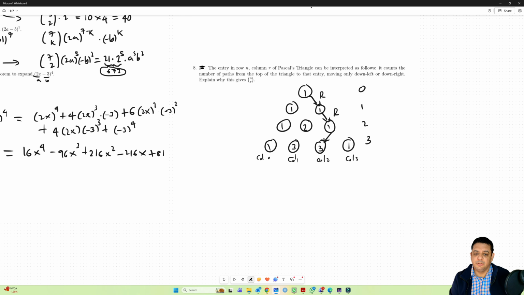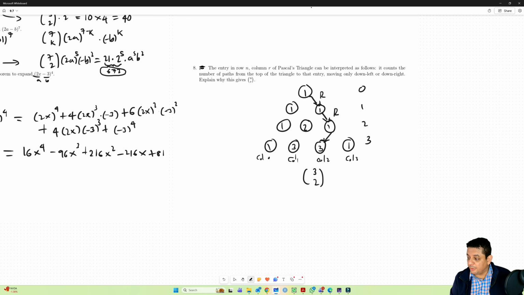So when we end up at this number in particular, we will have 3 choose 2, because we're ending on row 3, column 2, and this is counting how many of these paths I took to the right when I reached the number I wanted in the next column.